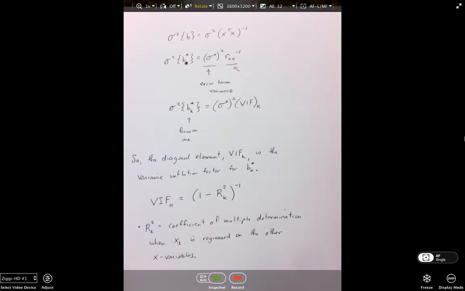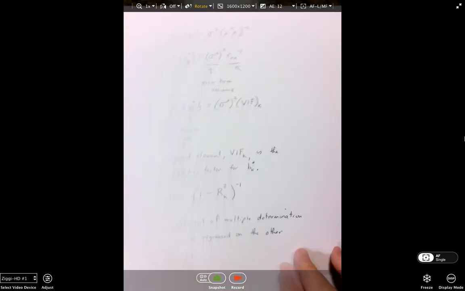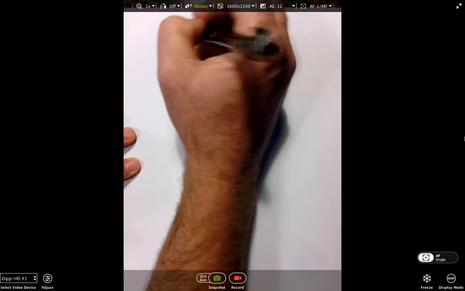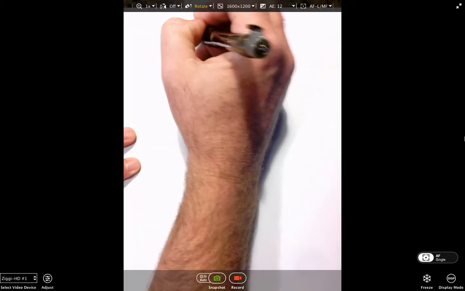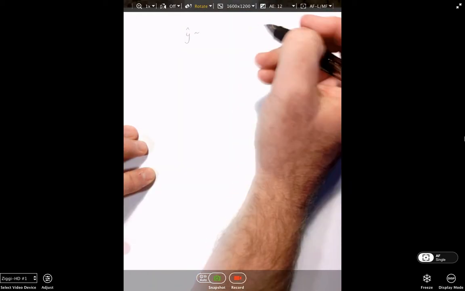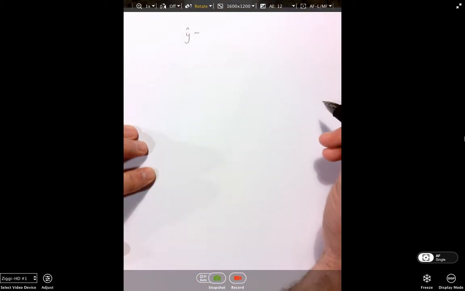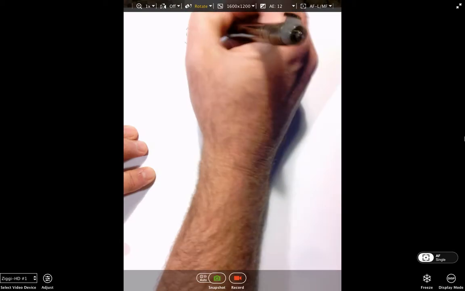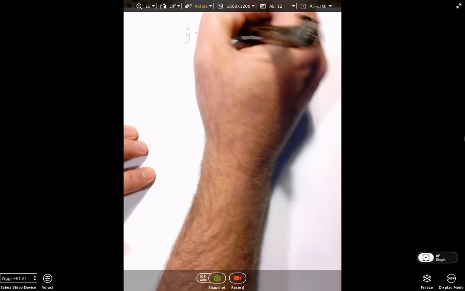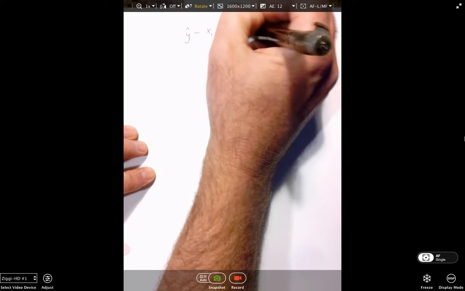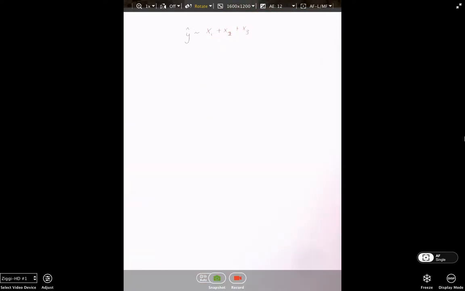Now, let's collect our thoughts here. All right. So let's go back to an original situation where we want to be able to predict some y from 3 predictor variables, x1, x2, x3.